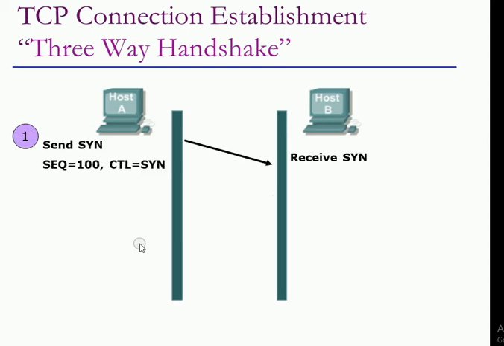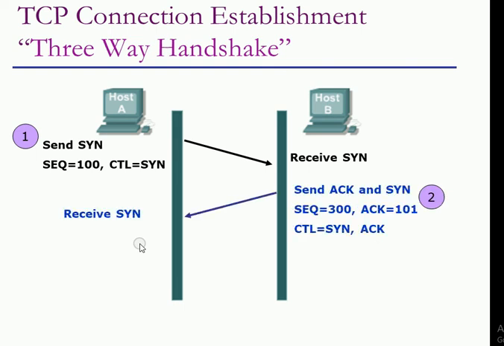Let's have another look. Let the sequence be 100, and the flag I am turning on now is synchronization. Okay, so it receives the SYN, and then it sends acknowledgement and sequence 300.